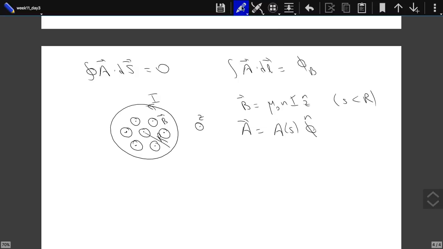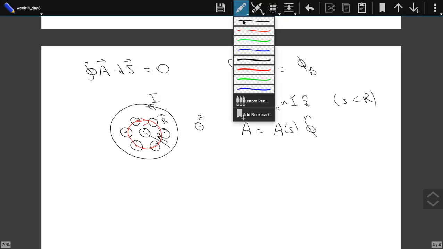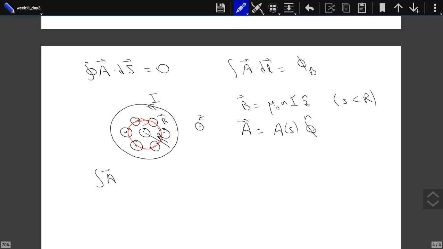Well, let's consider such a circle. Let me consider this circle. Then A dot dl around that closed loop, let's say it has a radius s. A is A(s) in the phi hat direction.